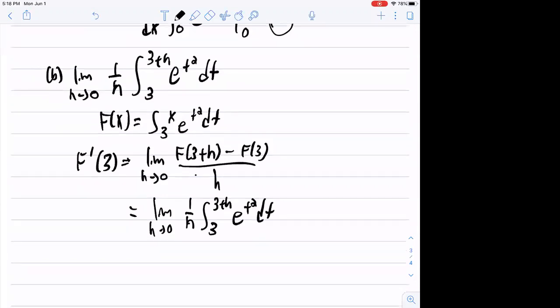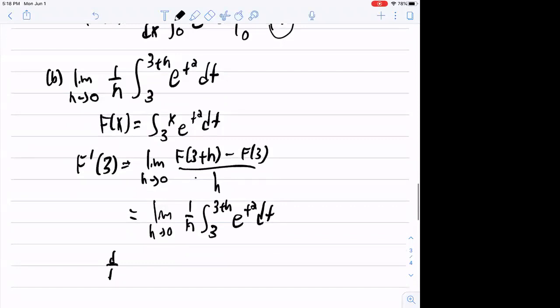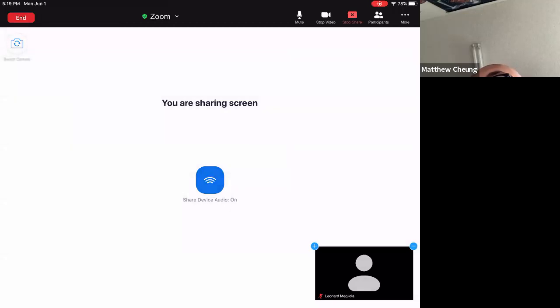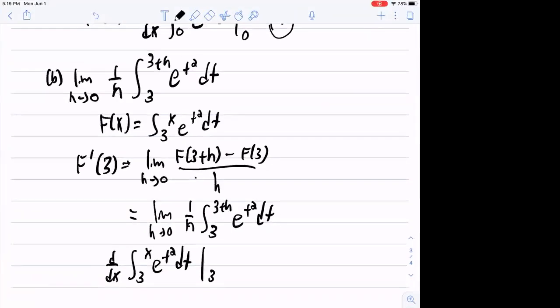So F prime at 3 is just d/dx of the integral from 3 to x of e to the t squared dt, evaluated at 3. So you just plug in 3, so it should be e to the 9, e to the 3 squared. Okay, is everyone clear on how FTC 2 works?